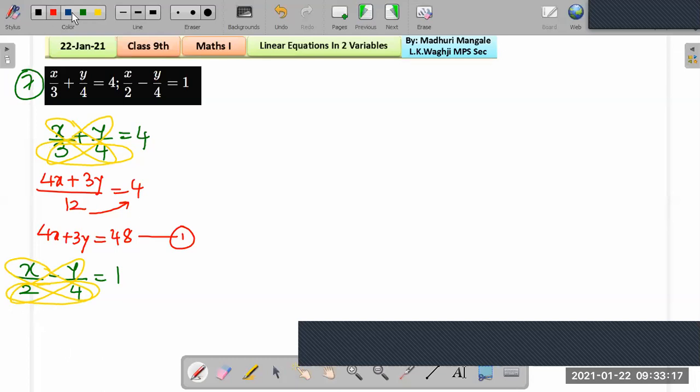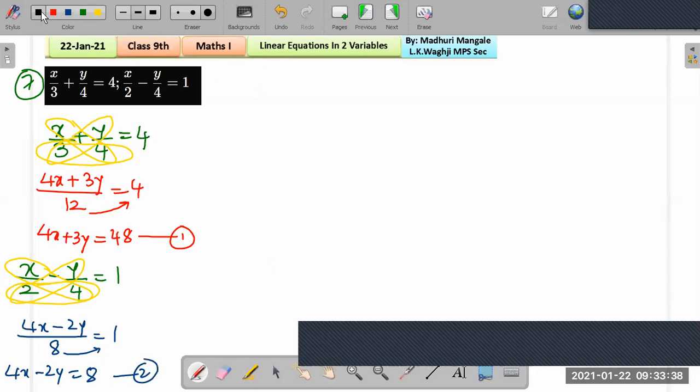Correct? So this will be 4x minus 2y, the whole over 8, equals 1. This 8 will shift to the other side. It will become 8 times 1, which is 8. So 4x minus 2y equals 8. This is the second equation.